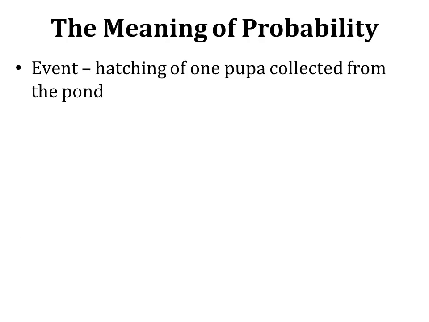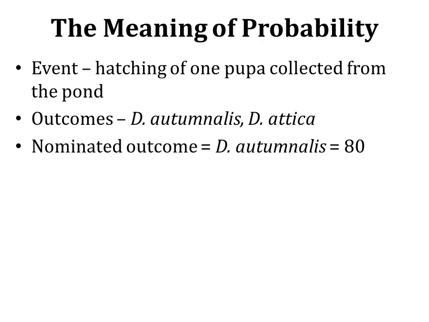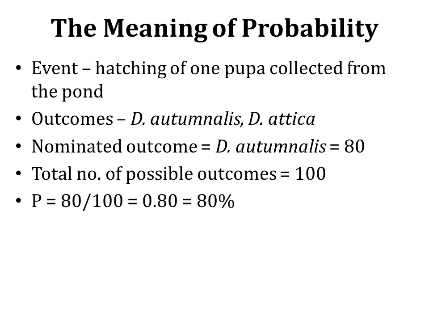Now, the event is hatching of one pupa collected from the pond. Because the pupae are morphologically similar, we cannot differentiate between the 2 species when they are in their pupal stage. So if we have picked up one pupa from the pond, what is the probability that this pupa will emerge as Dixella attica or Dixella autumnalis? Outcomes could be Dixella autumnalis or Dixella attica. The nominated outcome, for example, is Dixella autumnalis. So what is the probability? 80 by 100, so 0.8.